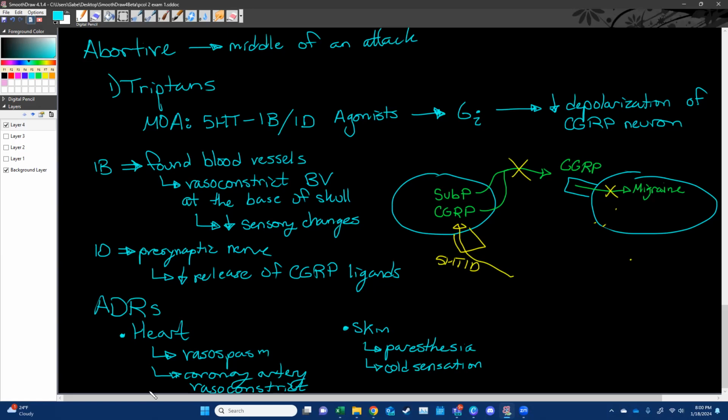Another thing for the heart is that you get a temporary increase in blood pressure. And because we're messing with vasoconstriction and vasodilation in the brain, of course we're going to get things like dizziness, nausea and vomiting.